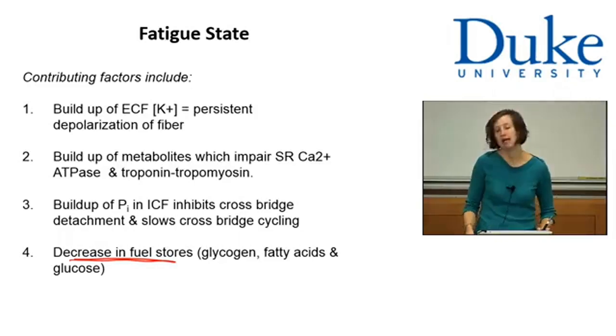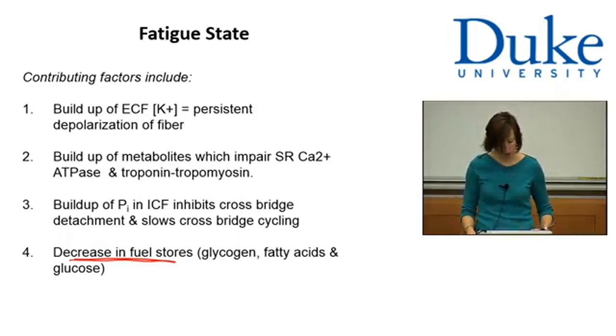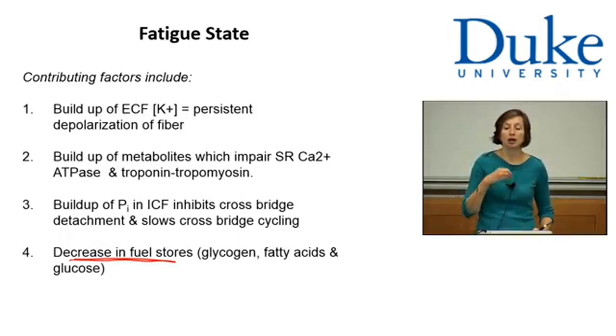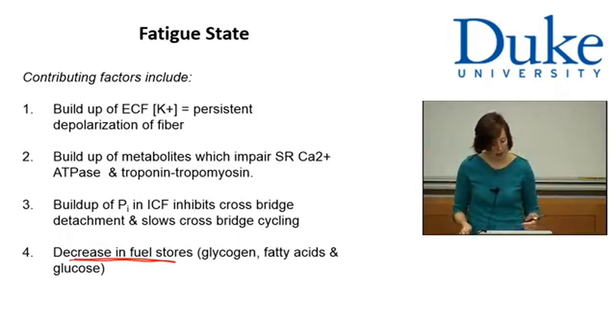One is that if you have a lot of neural inputs saying to contract, meaning you're going to have lots of action potentials firing, you can get a buildup of potassium outside of the cell, because there's not enough time to get the gradients back to where they were at the beginning.